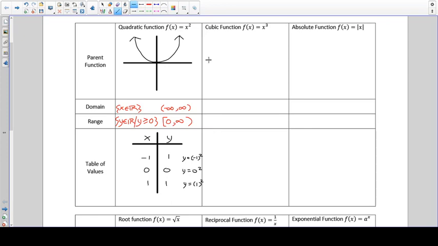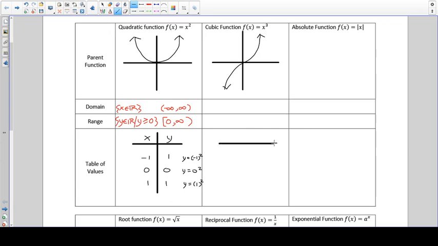So now we're going to move on to the cubic function. A cubic function should look something like this. Very curvy, like that.